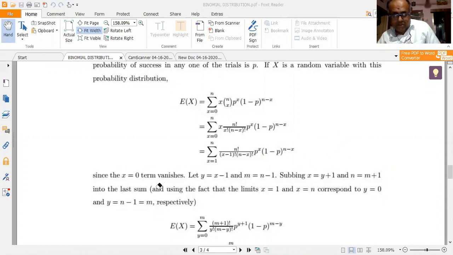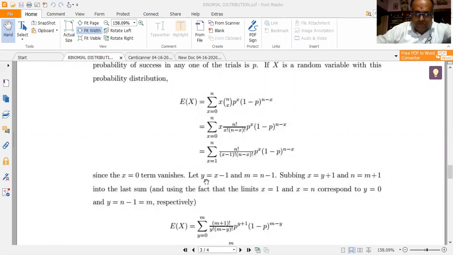Now let me put x minus 1 is equal to y. Also, let me substitute m is equal to n minus 1. Let y be equal to x minus 1 and let m be equal to n minus 1.